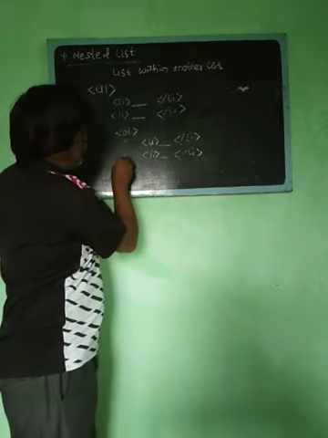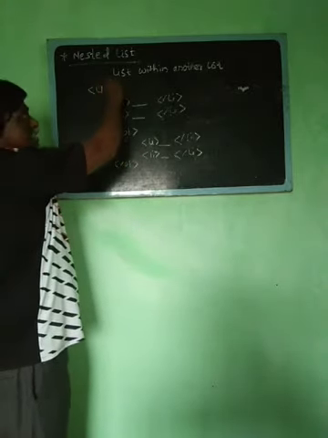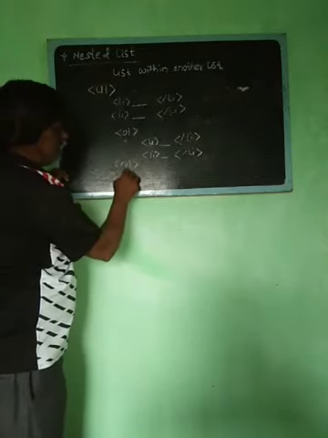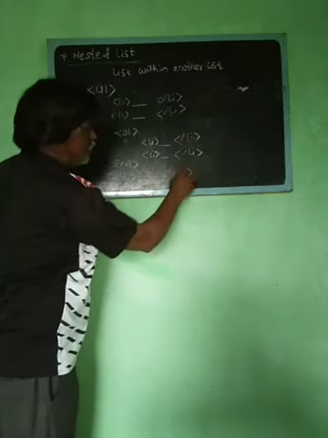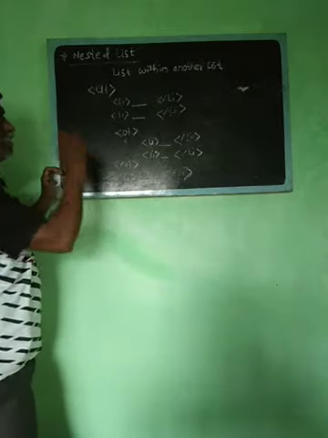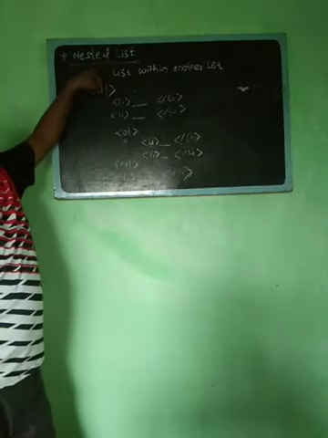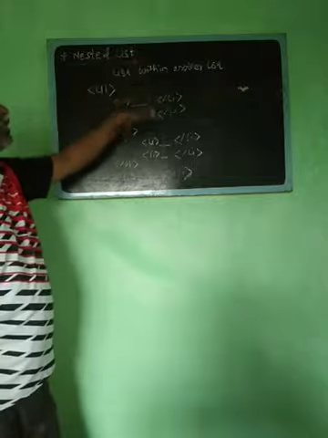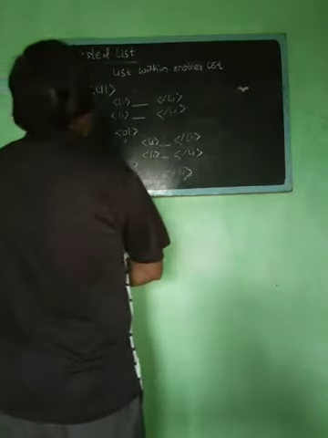Then here it ends, and again the main or parent list has its list items, and finally it ends. This listing is called nesting of list or nested list. We are taking one example of this.